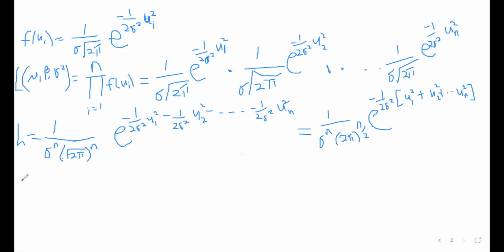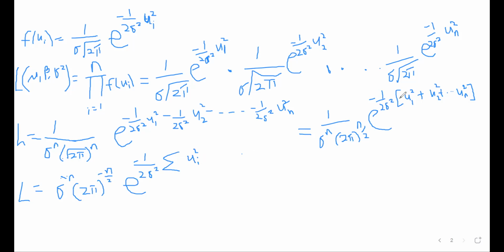So what do we have? I can go further and write it as sigma negative n, also the laws of indices, and then 2 pi raised to the power negative n over 2, and then e to the power negative 1 over 2 sigma squared, and condense that summation to the sum of ui squared.